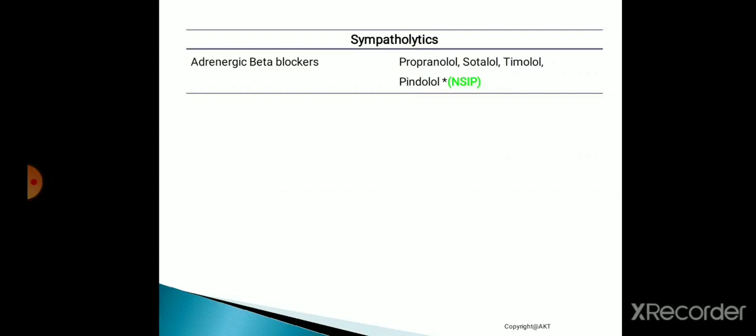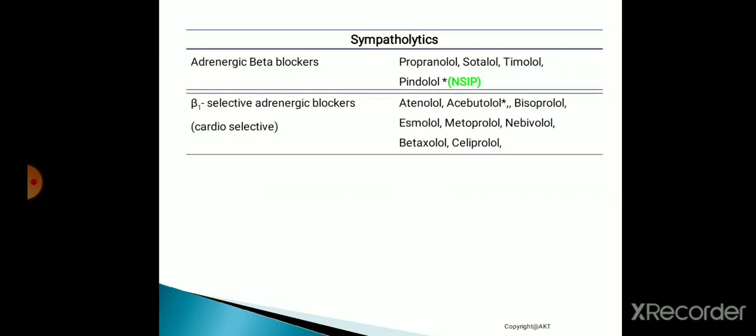Continuing with the classification, sympatholytics. Remember the ANS. Adrenergic beta blockers: propranolol, sotalol, timolol, pindolol. Again, it is marked NSIP, that is not safe in pregnancy, because they are non-selective adrenergic beta blockers.